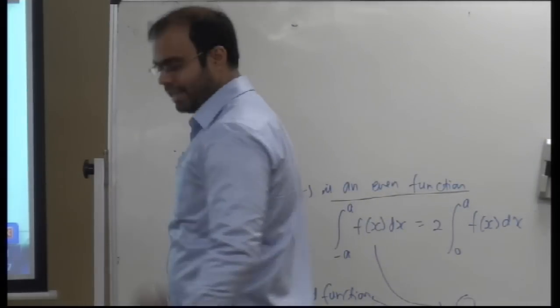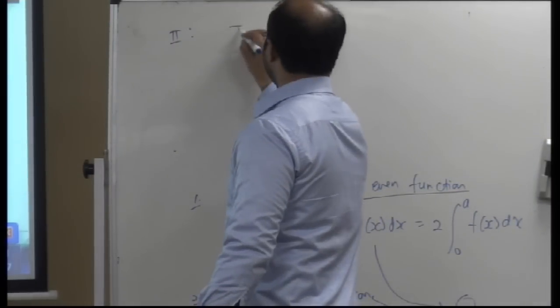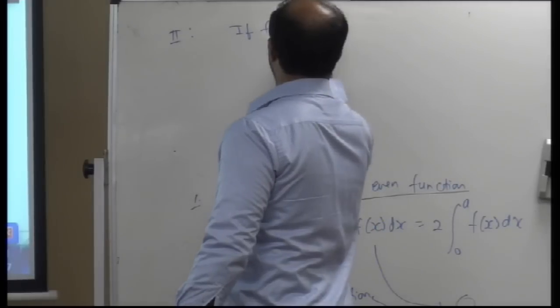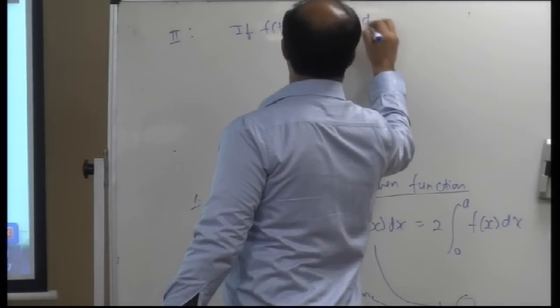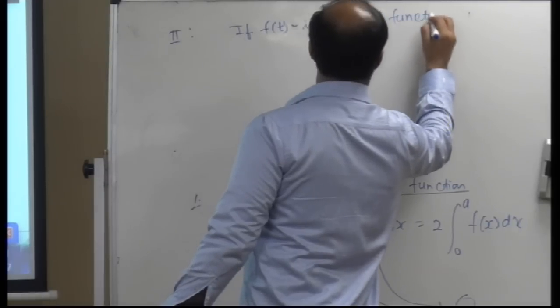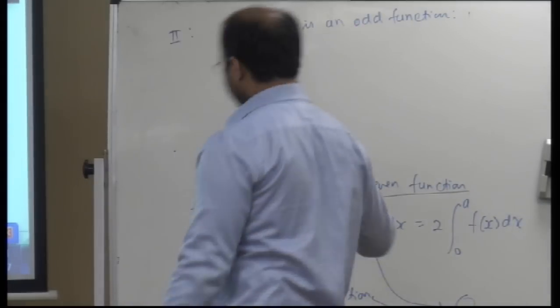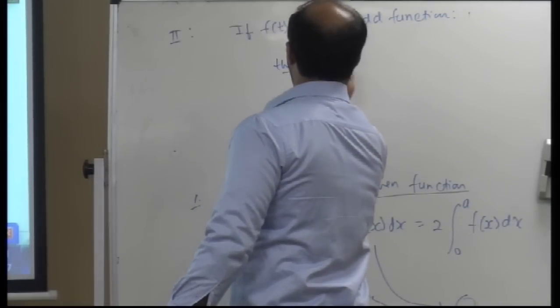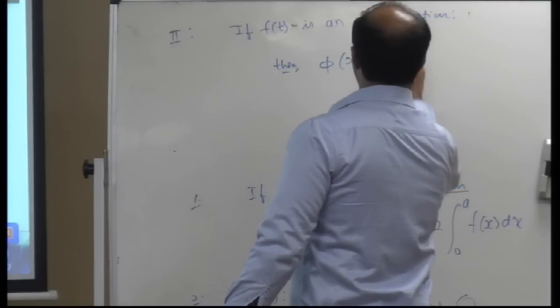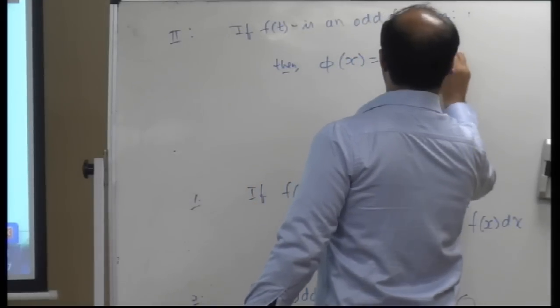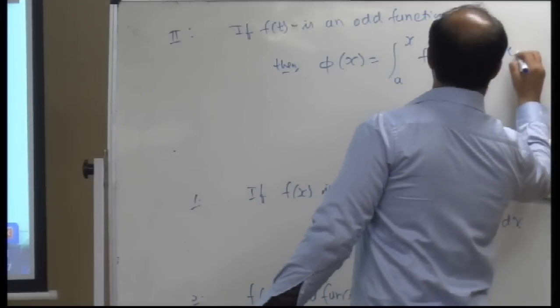Second property says if f(t) is an odd function, then a function phi(x) = integral from a to x of f(t) dt is an even function.